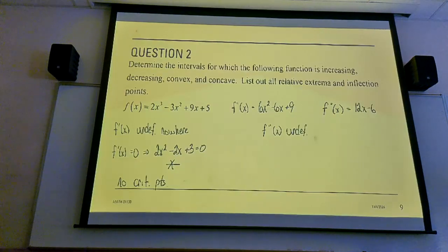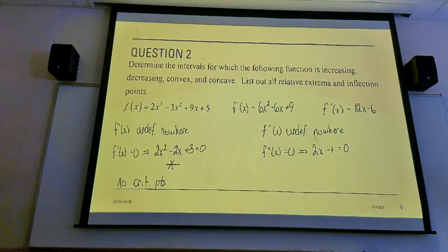Anywhere that f double prime is undefined? f double prime equals 0 means that 2x minus 1 is 0.